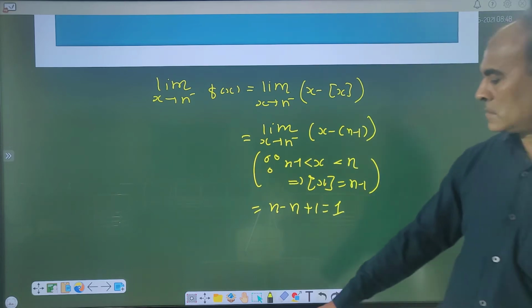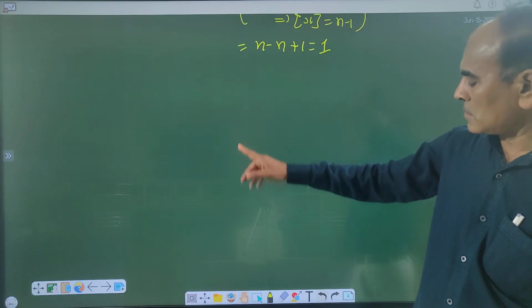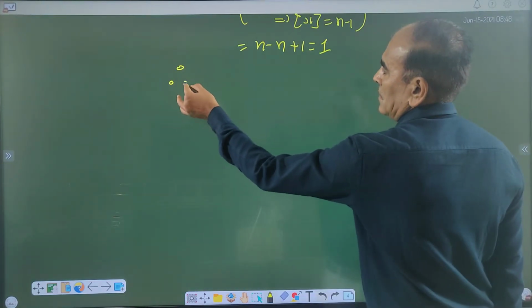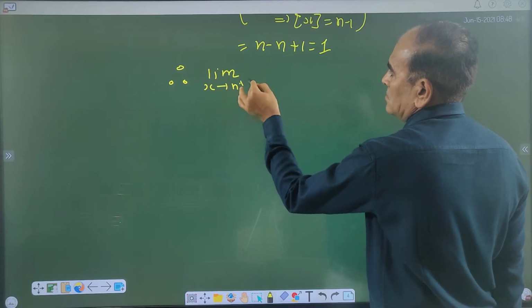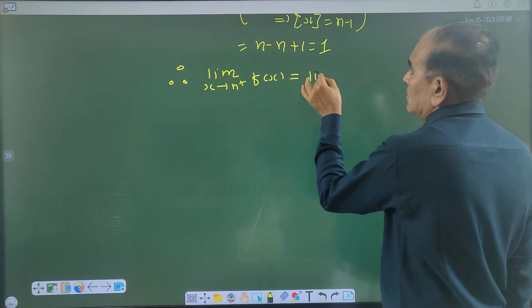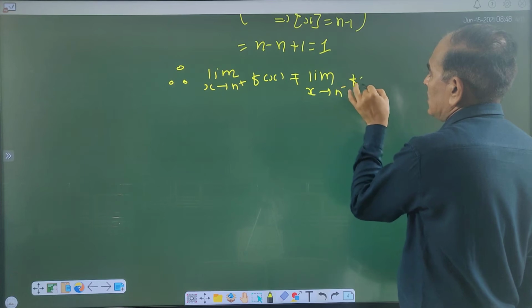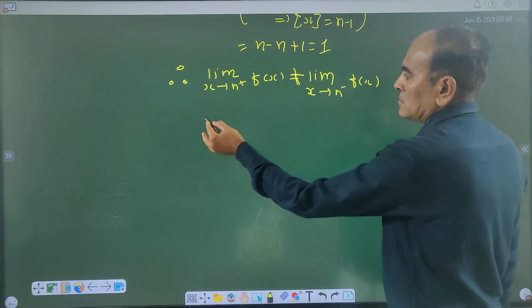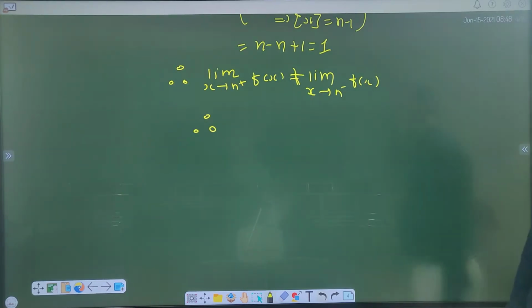So the right hand limit exists, the left hand limit exists, but they are not equal. Therefore limit x tends to n plus of f(x) is not equal to limit x tends to n minus of f(x). Both limits exist but are unequal, which means the limit does not exist.